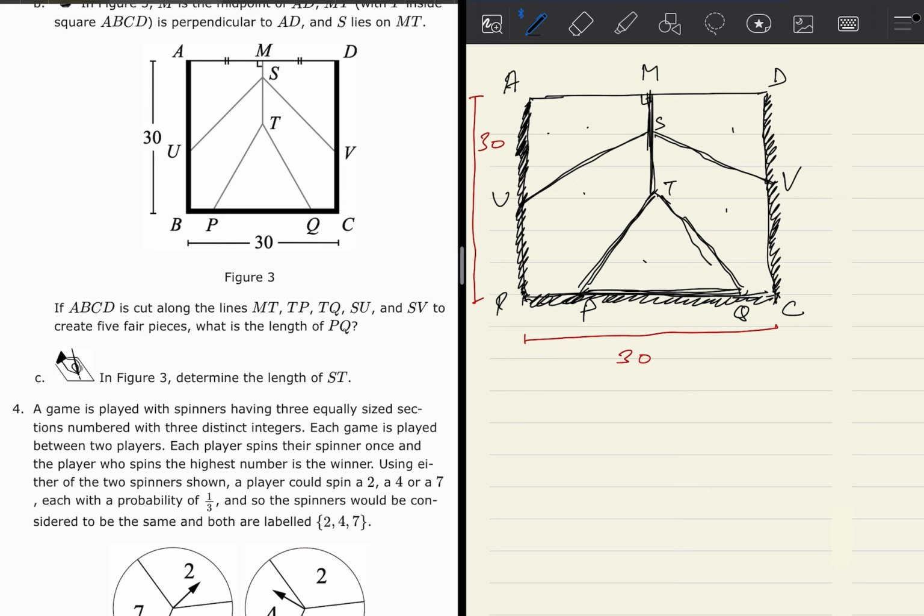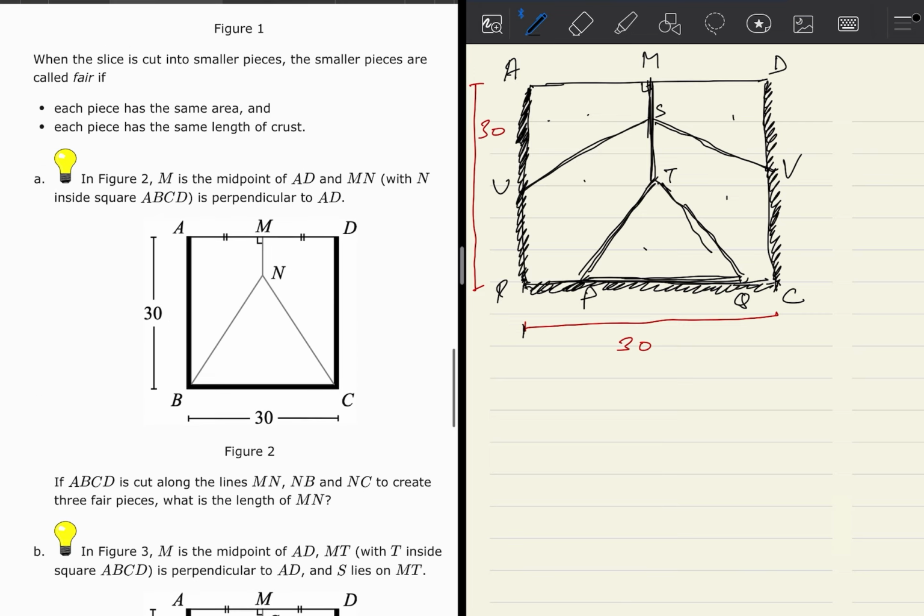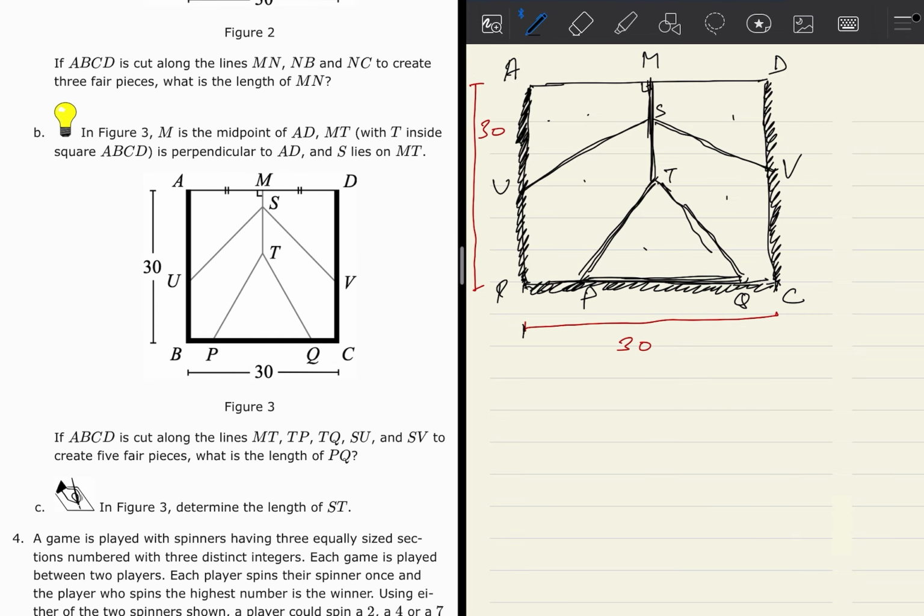So we know that ABCD is a square. This slice of bread is a square, and the length of each of the sides is 30. So the total length of this crust, I keep forgetting that term, the total length of the crust is equal to 3 times 30, equal to 90.